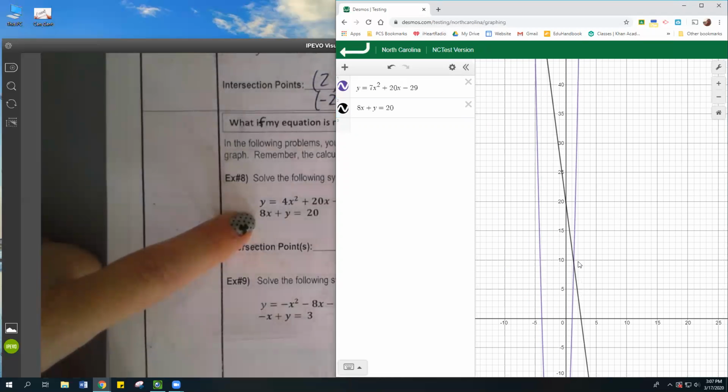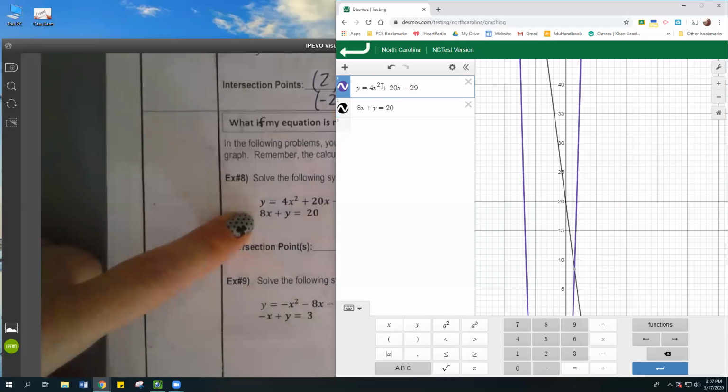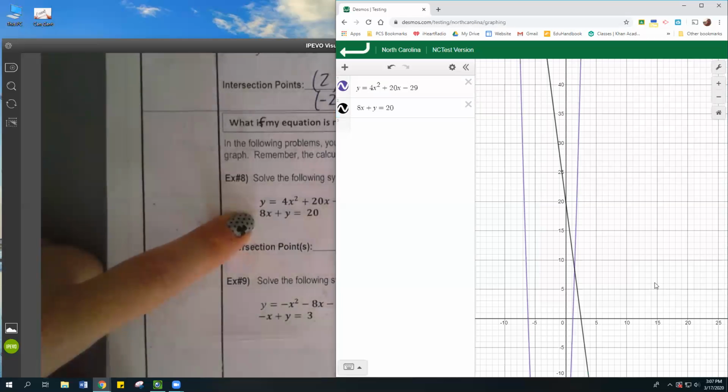You can punch it in exactly as you see it, and you can find your intersections. Is that the right number? I've got 8x plus y. Oh, hello, look at, I put a 7x squared when it should be a 4x. I'm like, okay, something did not feel right about that.